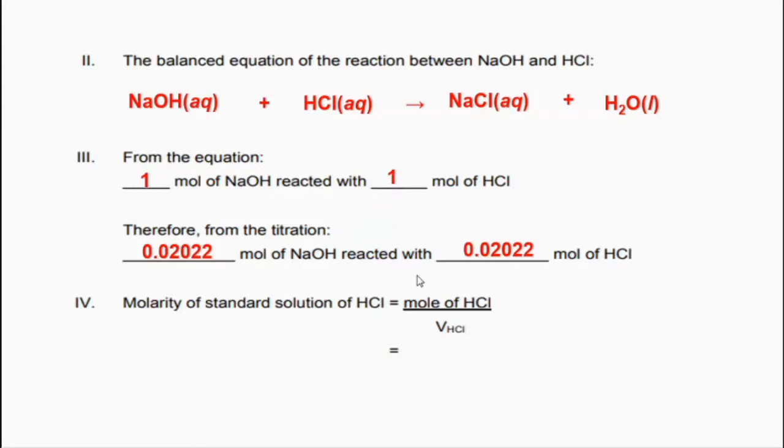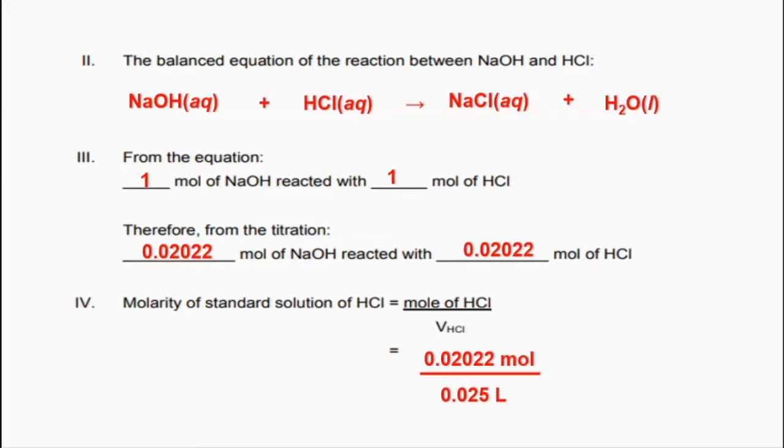And finally, we are going to determine the molarity of the standard solution of hydrochloric acid. So the moles of hydrochloric acid, in this case 0.02022 moles, divided by the volume of hydrochloric acid used in this titration, 0.025 liters. Remember, this is the volume you pipetted into the conical flask.